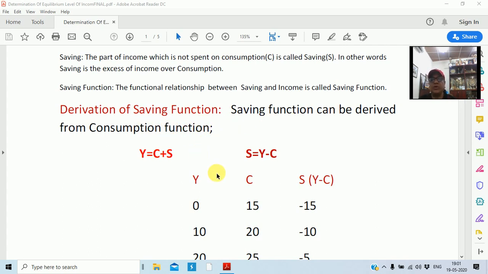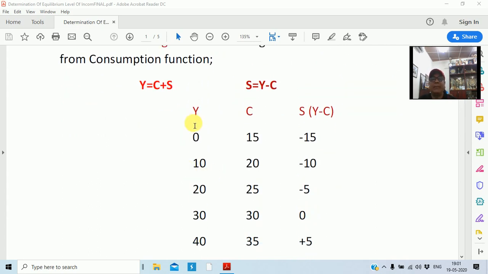So first you will have to develop the consumption function which you have already studied. What does it say? Even if income is 0, consumption can't be 0. As income increases, consumption also increases, and after a certain level, income becomes more than consumption because the economy starts saving. Now you have this consumption function, and from this how will you derive saving function?